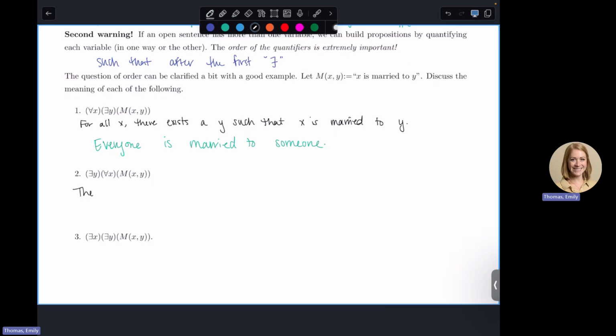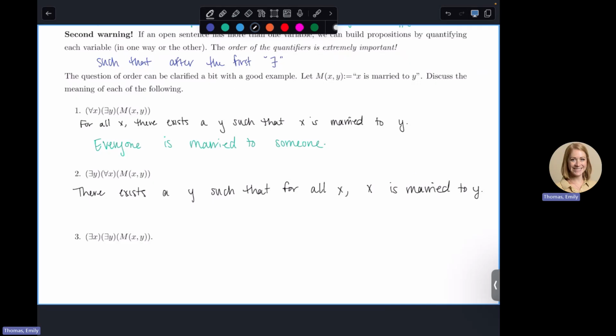Okay, number two is that there exists a Y such that, remember, because the such that goes right after the first there exists, a Y such that for all X, X is married to Y. So as long as there's an X. It is weird.